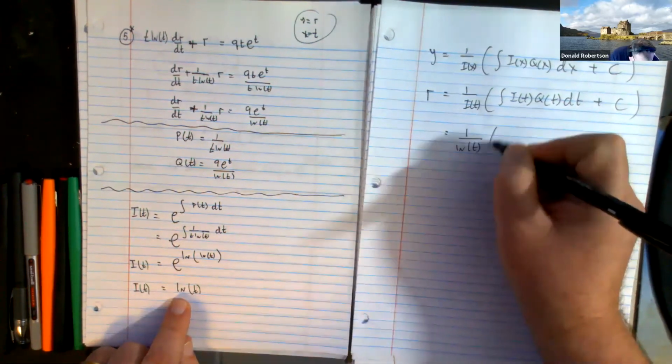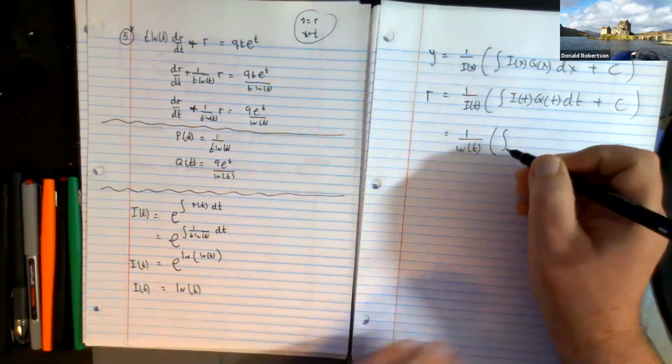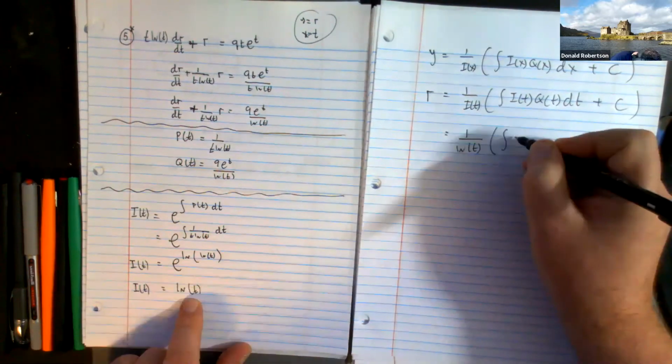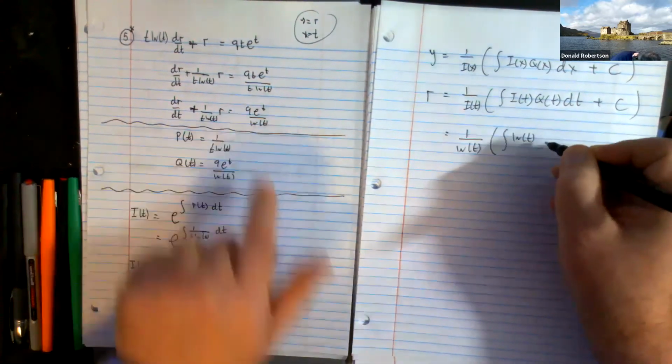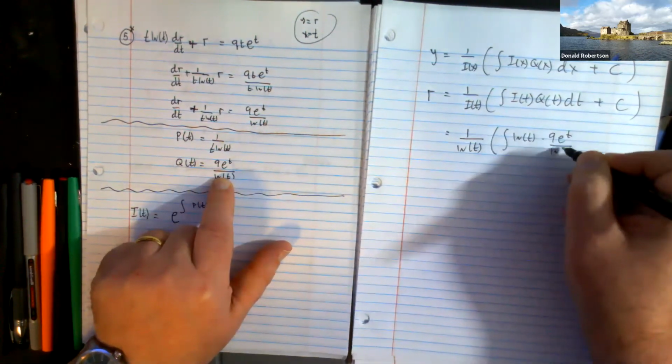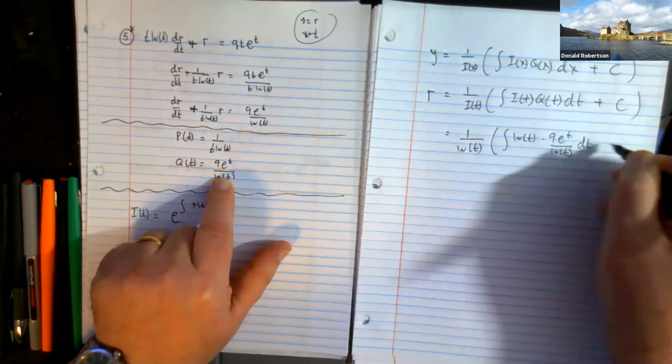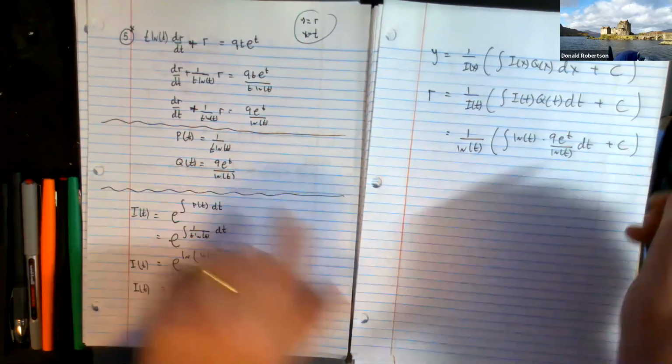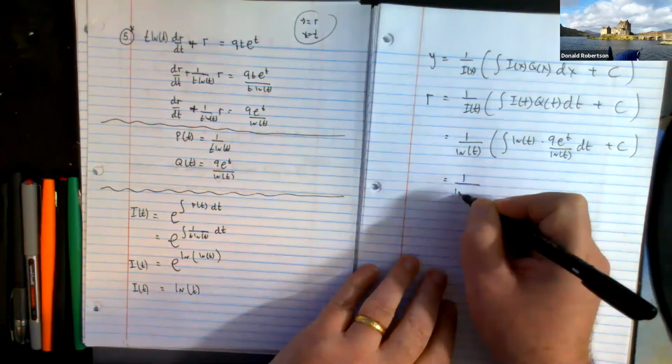The integral of the natural log of t, times q of t, which is this guy, dt, add c. And almost like magic, really.